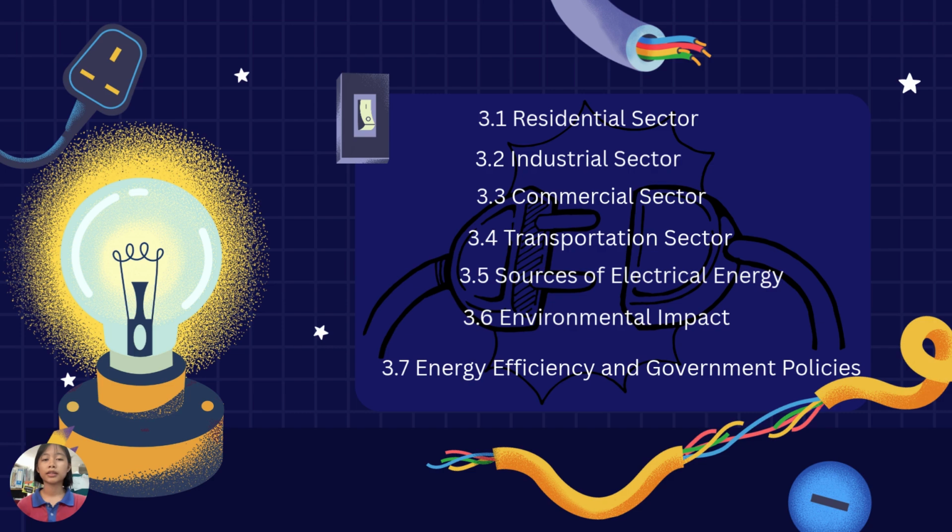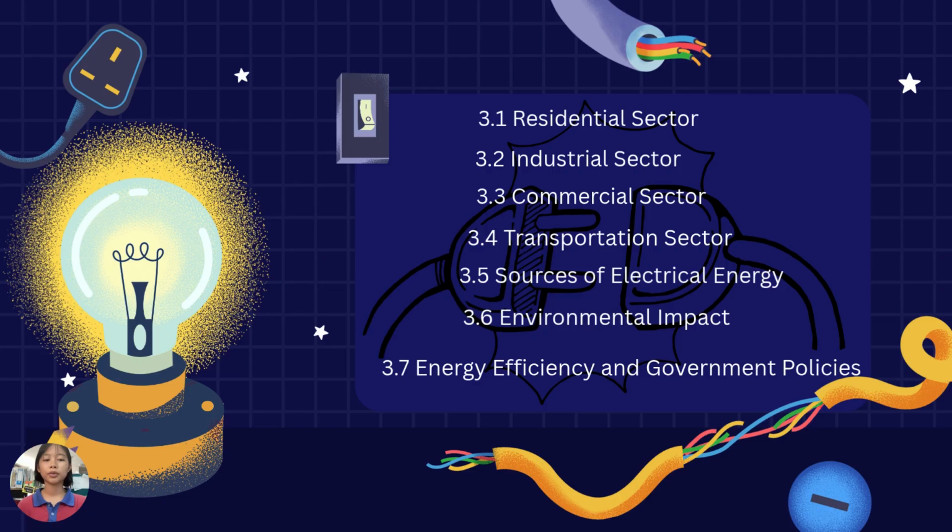The residential sector accounts for a significant portion of national electricity consumption, especially in urban areas. Second point, 3.2, industrial sector. The industrial sector uses electricity to operate machinery, manufacturing lines, and heavy equipment. Industries such as electronics, food processing, and petrochemicals are some of the largest energy consumers.